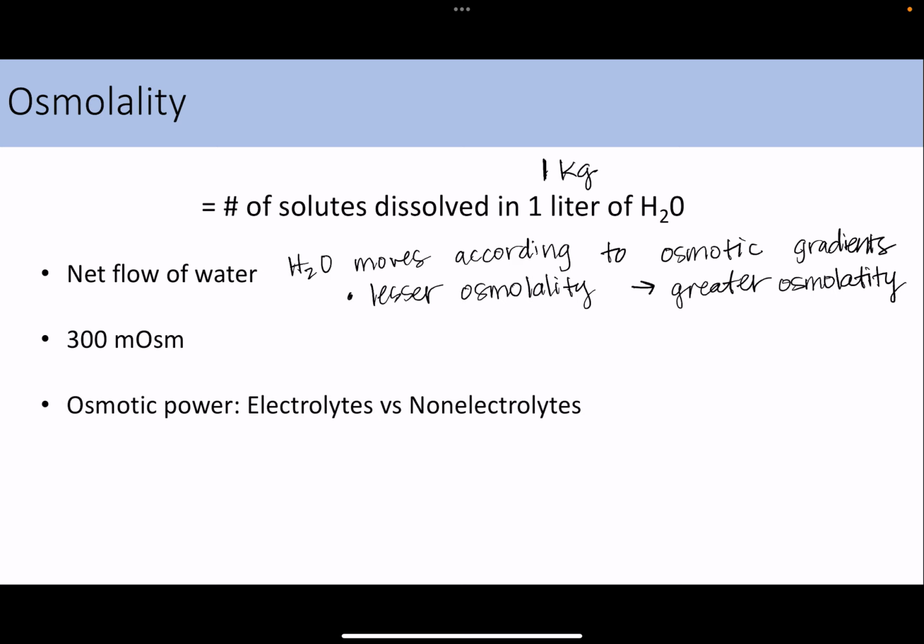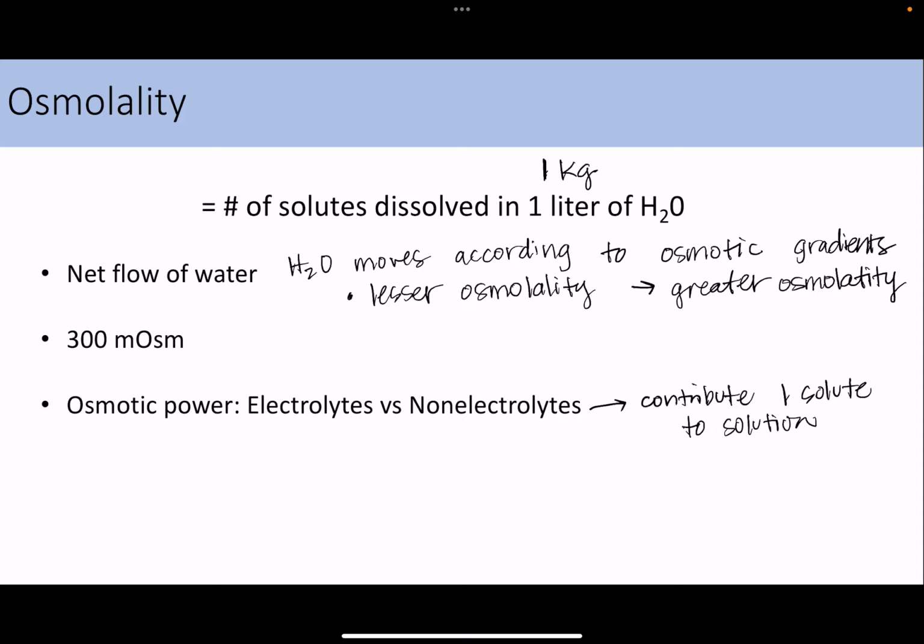So osmotic power, as far as electrolytes versus non-electrolytes go. We'll say non-electrolytes first. Non-electrolytes contribute 1 solute to solution, because remember, non-electrolytes stay in their form. So C6H12O6 stays C6H12O6, and it only contributes 1 solute, 1 molecule of glucose.